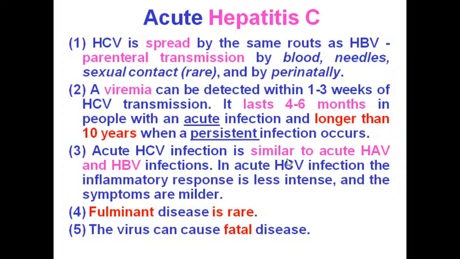So acute infection is similar to acute hepatitis A or B infections. In acute hepatitis C infection, the inflammatory response is not so intensive and the symptoms are very mild. Fulminant hepatitis C disease is very rare, but finally the virus can cause fatal disease.